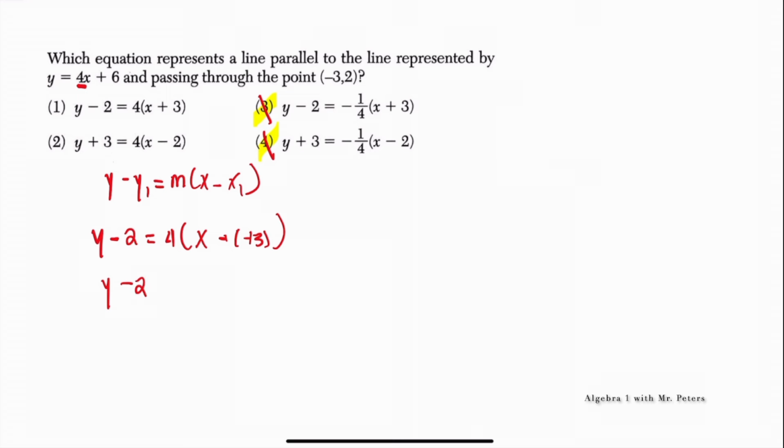So y minus 2 is equal to 4 times x plus 3. When we look at our answer choices, this is going to be number 1. If we analyze answer choice number 2, do you see how they incorrectly substituted the x and y coordinate? That is why it's incorrect and the answer choice is number 1.